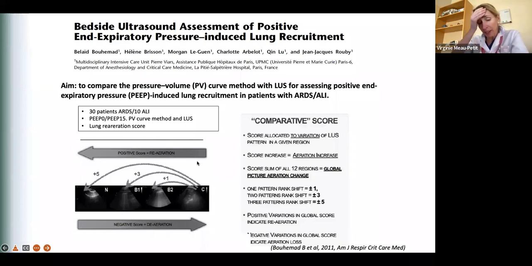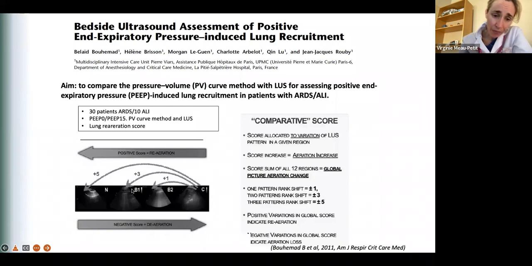What they had defined in previous studies is that the lung aeration score, the one we're using, was not reflecting where the aeration changes. It was not a good method to assess re-aeration, and they used a new score that they named the re-aeration and de-aeration score, meaning that when you change from a score 3 to, for example, score 2, you have +1.